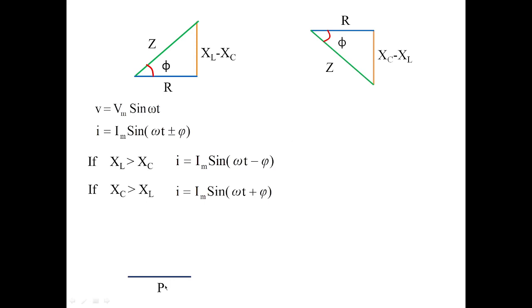With this, I can get the power triangle with P as the real power, Q as the reactive power, and S as the apparent power for inductive dominating circuit. Similarly, you can obtain the power triangle diagram for the capacitive dominating circuit. So these are obtained, the impedance triangle and the power triangle, from the voltage triangles.